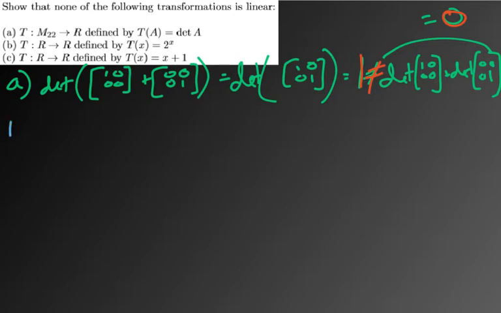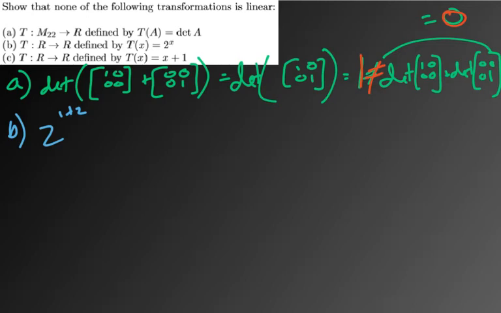All right, for B, here we're going to map real numbers to real numbers with 2 to the x. Whatever real number I plug in, I just do 2 to that number, and that's my transformation. That is not linear by any means, and this is how you can see it. You can do 2 to the 1 plus 2. If it was linear, it would equal 2 to the 1 plus 2 to the 2.